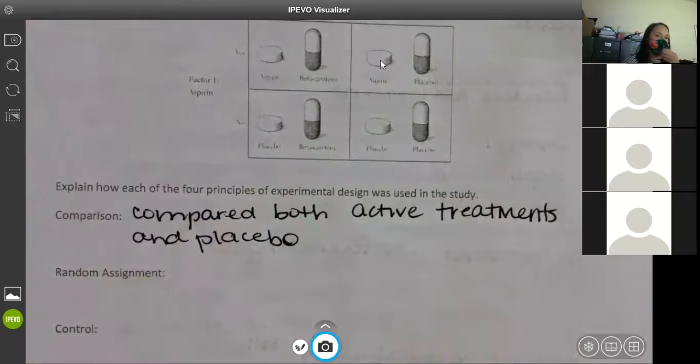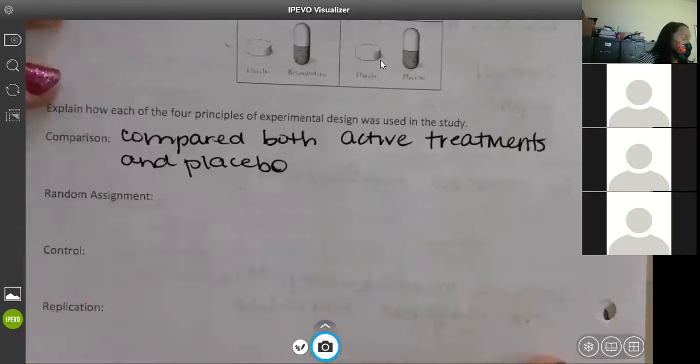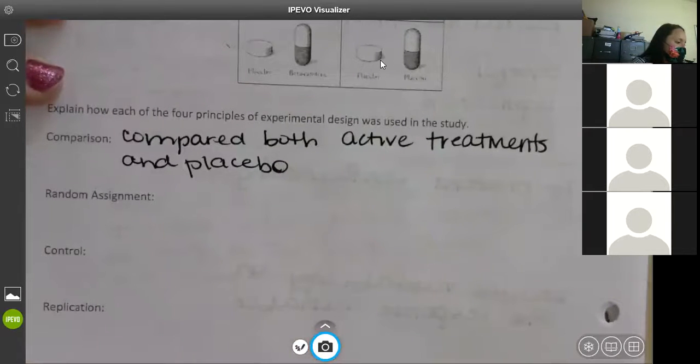How did they use random assignment? Should be the easiest one. It says it in the problem. How did they randomly assign? Guys, come on. I just read it to you. Read the problem.